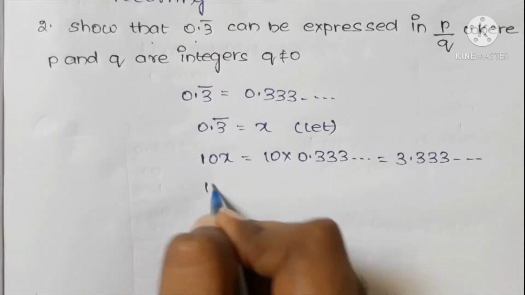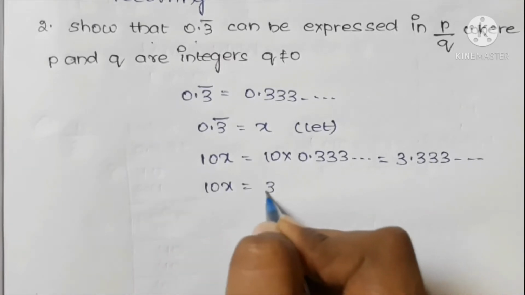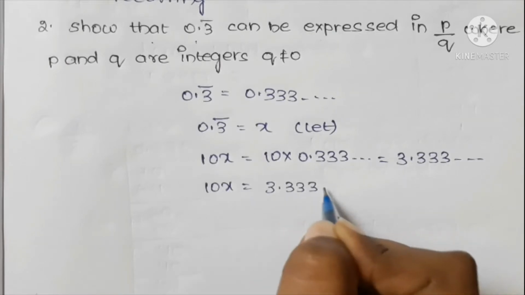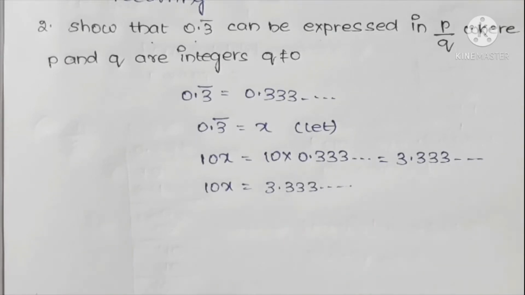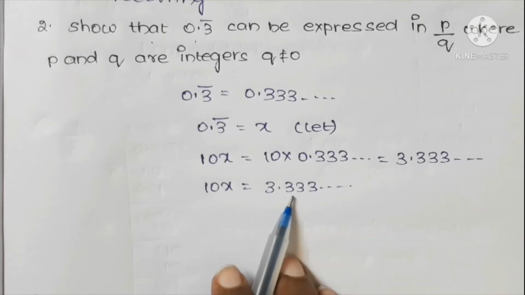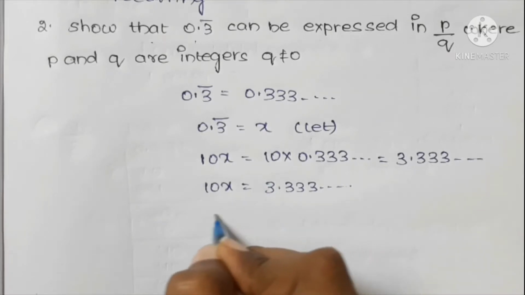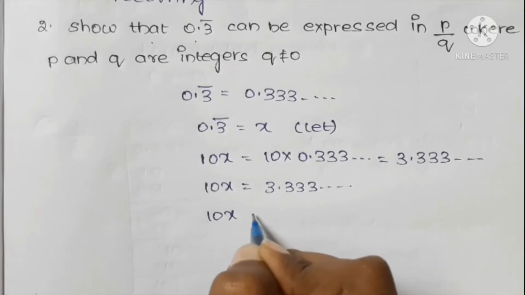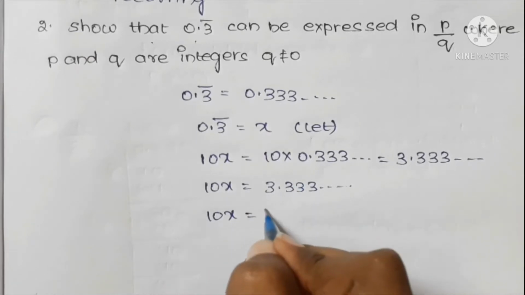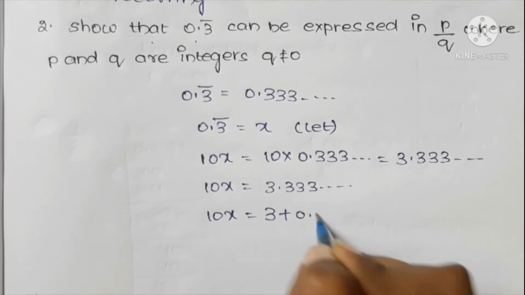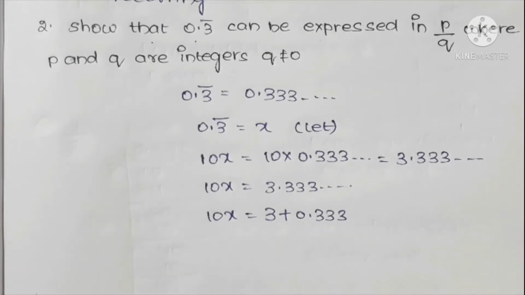So 10x equals 3.333 and so on. And now this 3.333 can be written as 10x equals 3 plus 0.333 and so on.